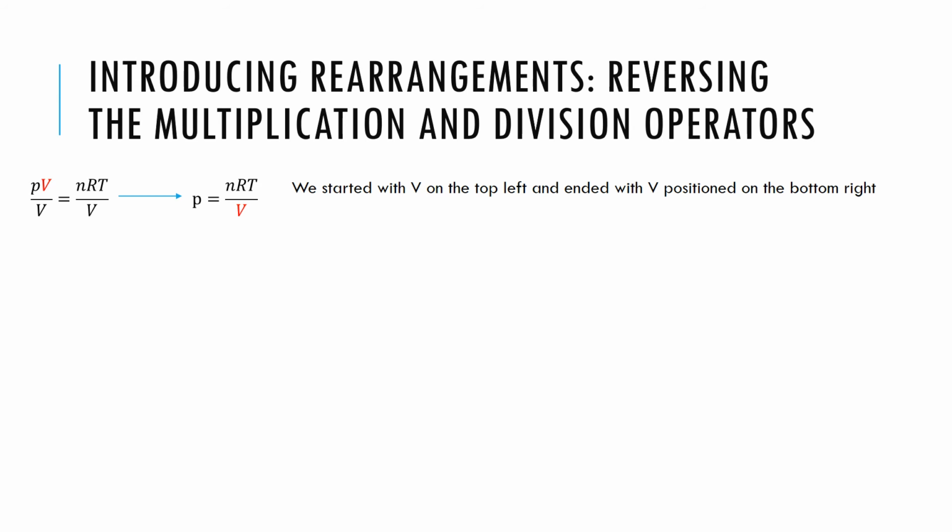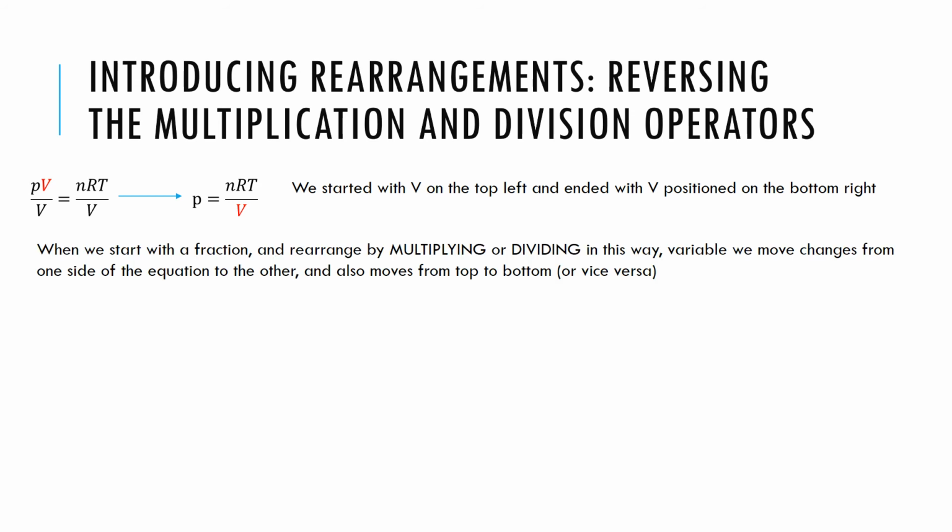Now you'll note then that we started with V on the top left-hand side of that equation and ended with V positioned on the bottom right. When we start with a fraction and we rearrange by multiplying or dividing, the variable we move changes from one side of the equation to the other, but it also moves from the top to the bottom or vice versa.